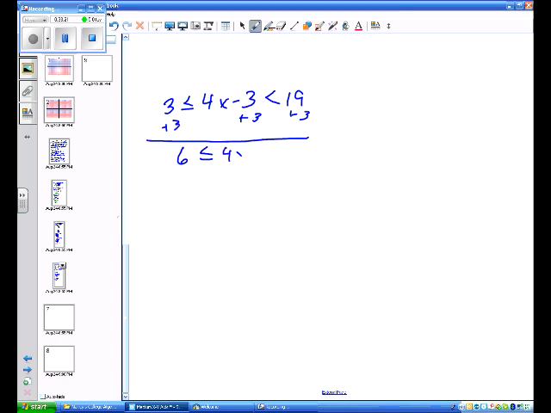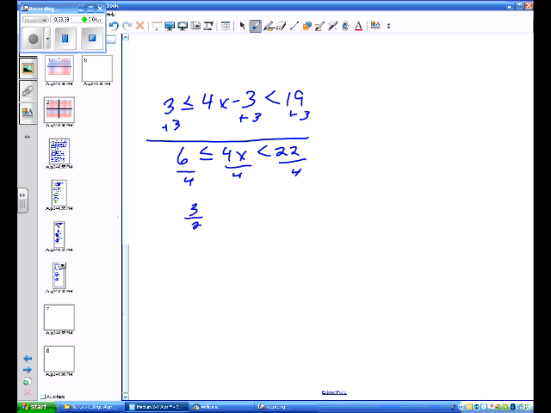That gives us 6 is less than or equal to 4x, and 4x is less than 22. Now we want to solve for x. Well, it's 4 times x, so the inverse operation would be to divide by 4. So we're going to divide all three parts by 4.